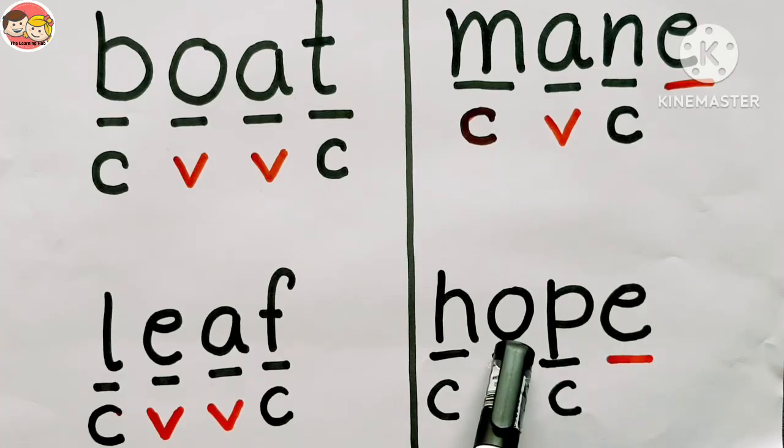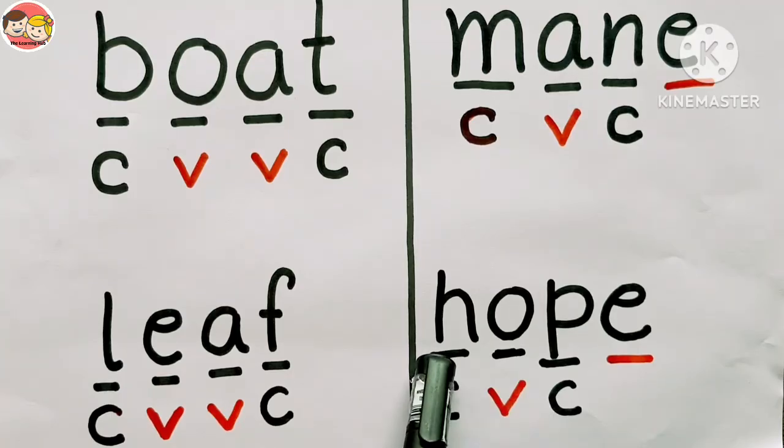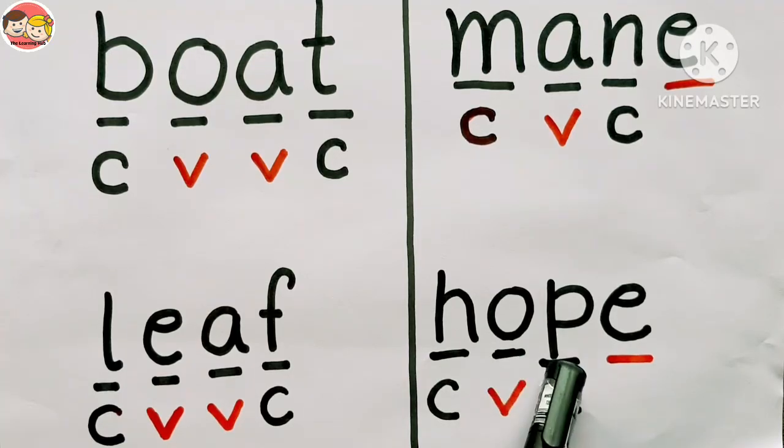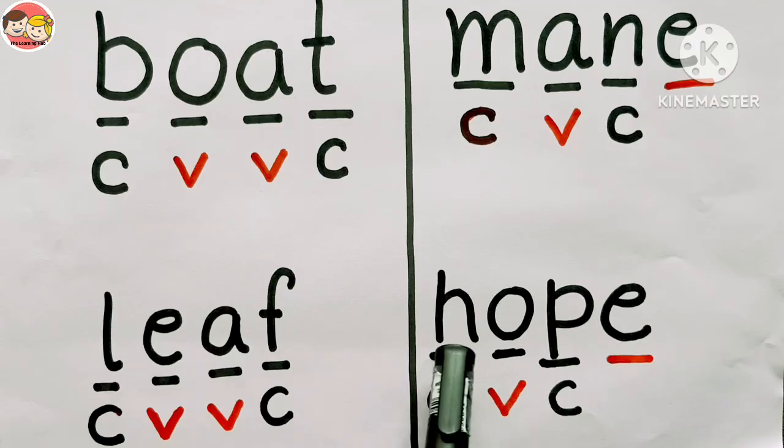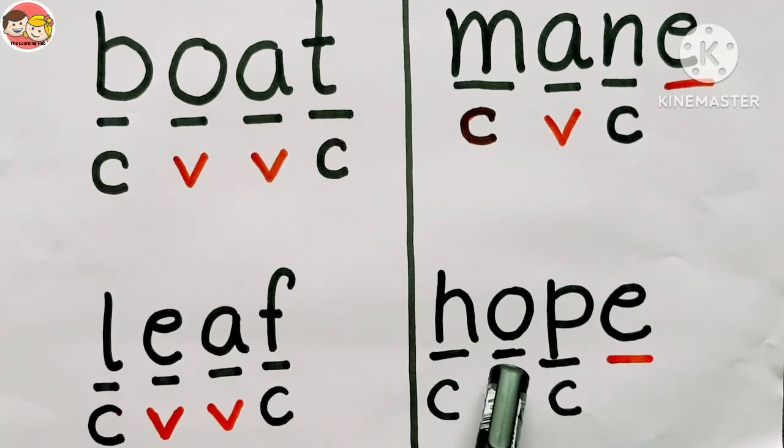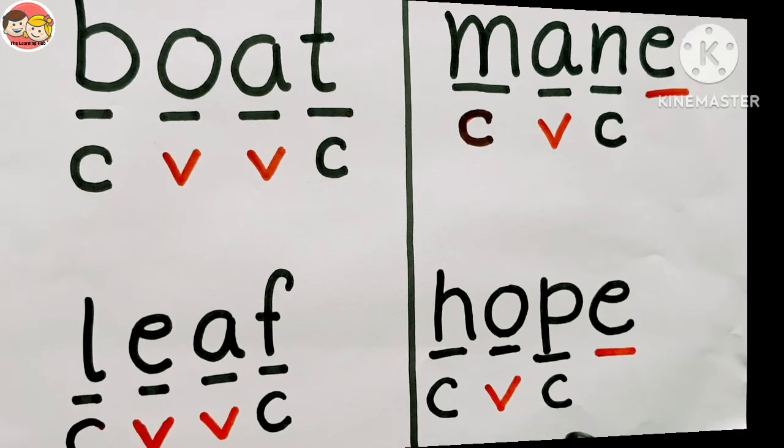The long vowel sound of this letter is O. This is letter O. And the long sound of this letter is O. So, O, P, hope. E is silent. Shh. O, P, hope. E is shh. Silent. Very good. Good job.